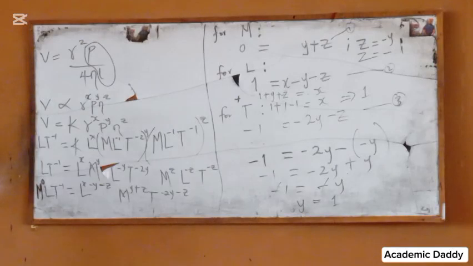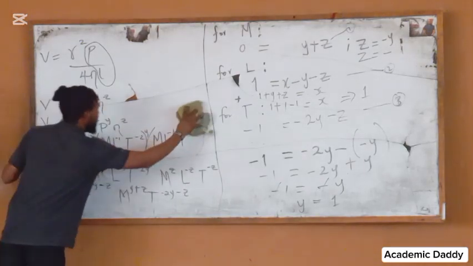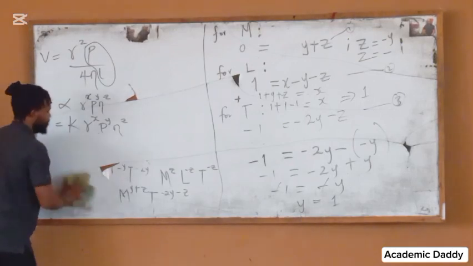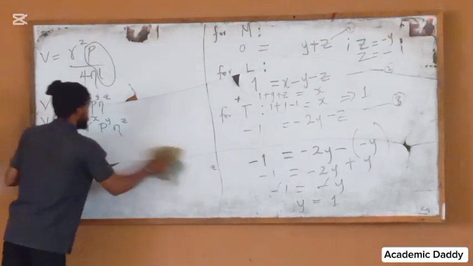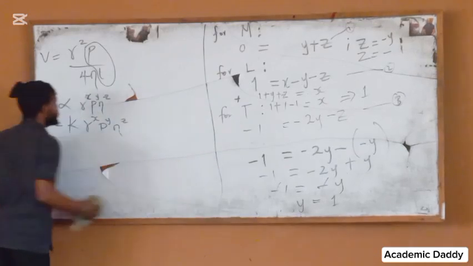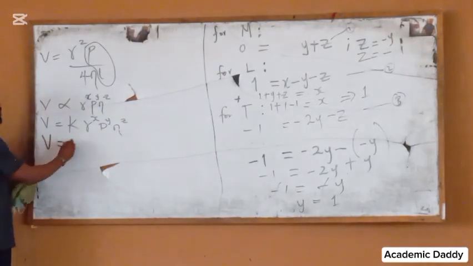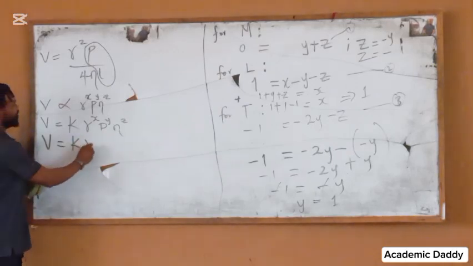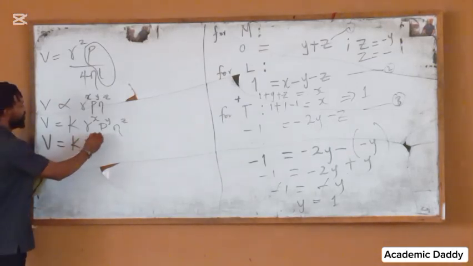I will simply say, okay, since I've gotten x, y and z obeying the dimensional analysis rules, let me now have an equation for this, using the answers I have. If you do it very well, you see that I now have V equals to K R. My x is what? 1.